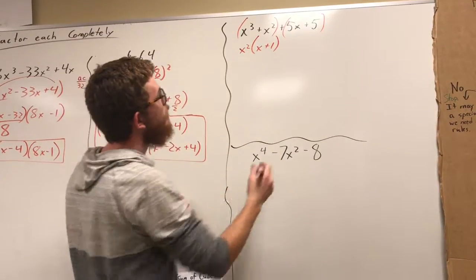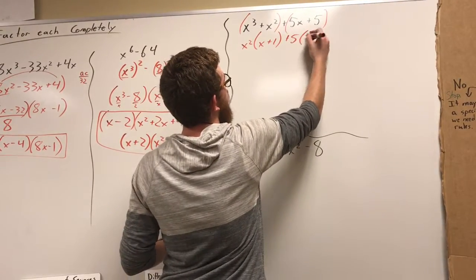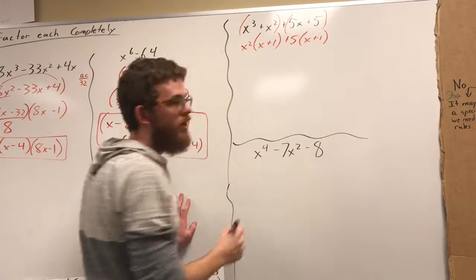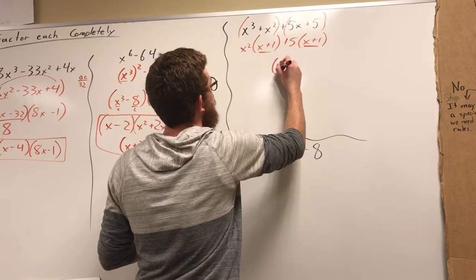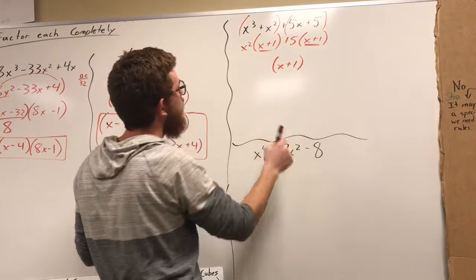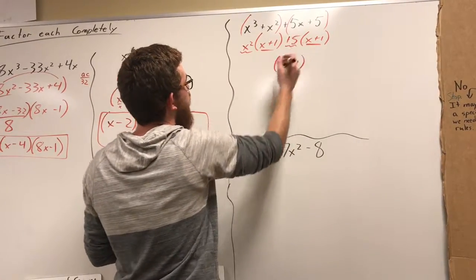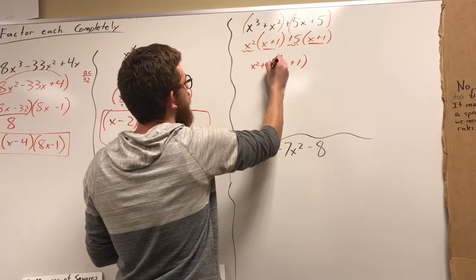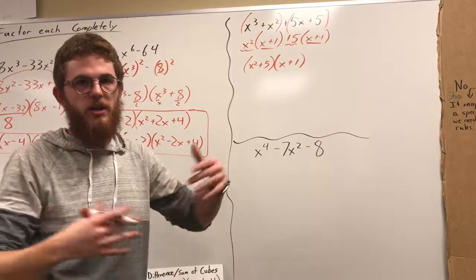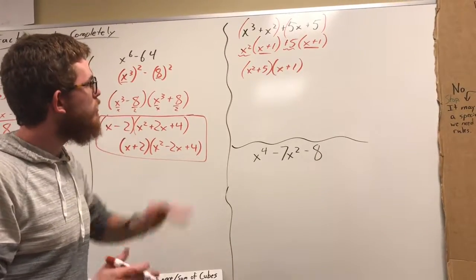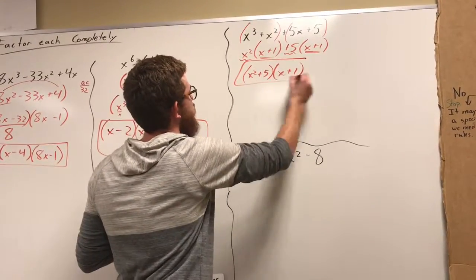In common in the second 2 is a 5, leaving me with x plus 1. What's in common is a factor. And what's left on the outside, x squared and 5, is our other factor. We look at these to see if we can factor any more, and we can't, so we leave it the way it is. Here is our factored form.